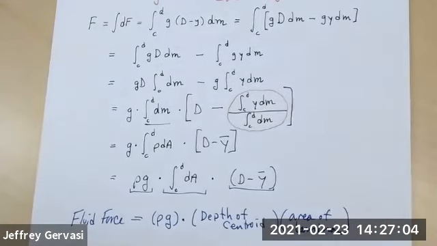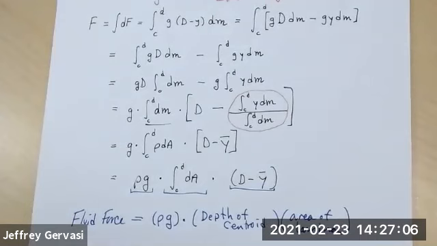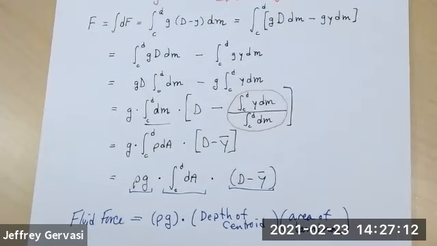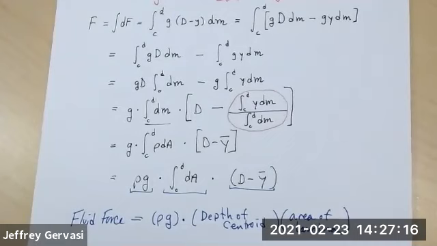So the fluid force on a vertically submerged surface is equal to the weight density of the fluid times the depth of the centroid times the area of the lamina itself.